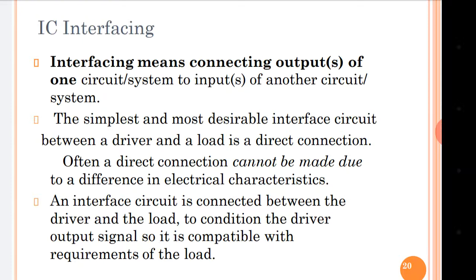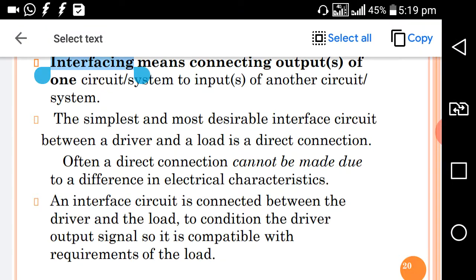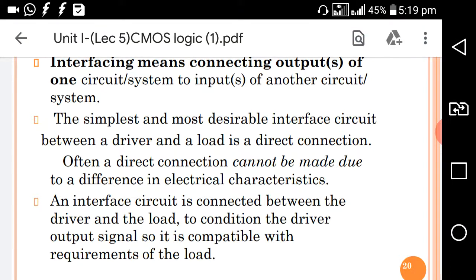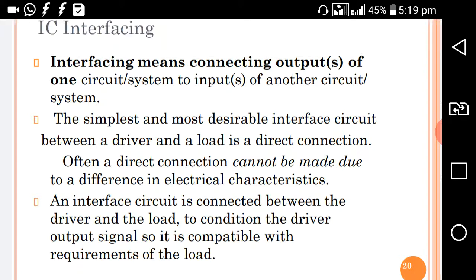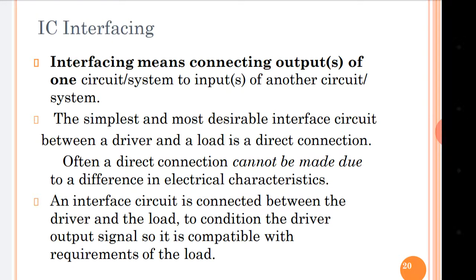The simplest and the most desirable interface circuit between the driver and the load is a direct connection. Often a direct connection cannot be made due to the difference in electrical characteristics. An interface circuit is connected between the driver and the load to condition the driver output signal, so it is compatible with the requirement of the load.